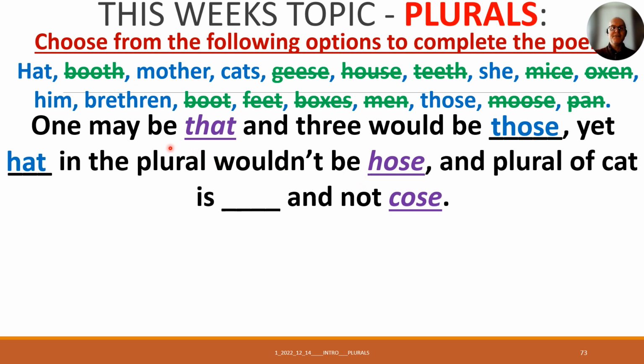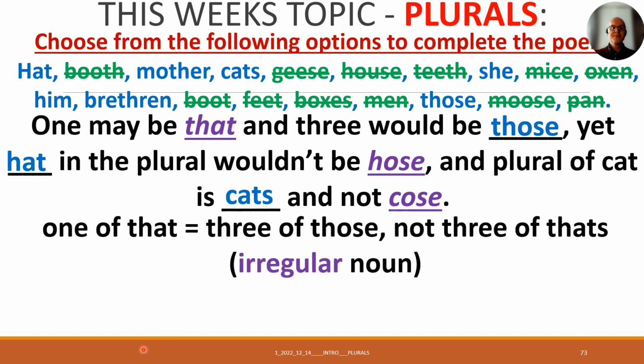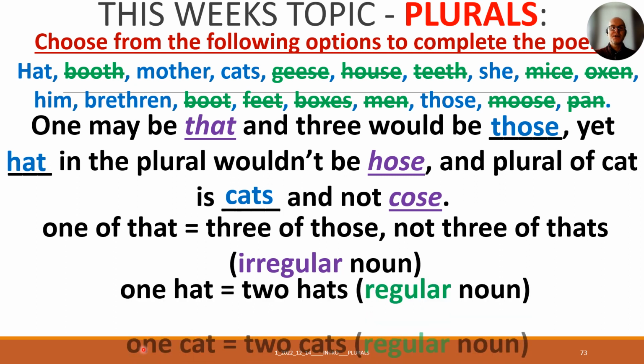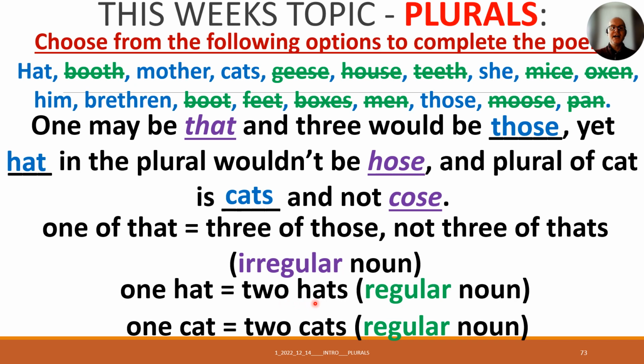So it's showing again, very similar word, that and hat, but the plurals are different. Those, plural of that, hat would be hats, not hose. And the plural of cat is cats and not coes. One of that, three of those. One hat, two hats, one cat, two cats.